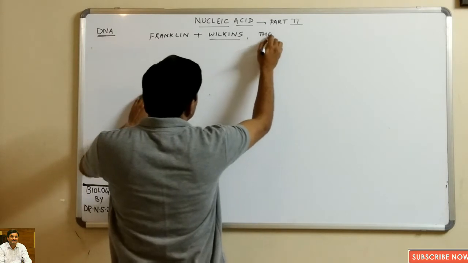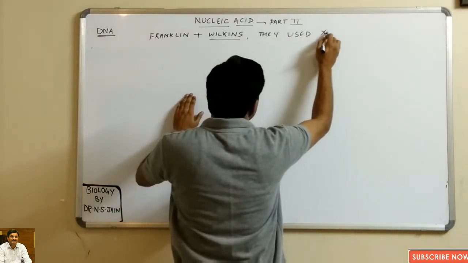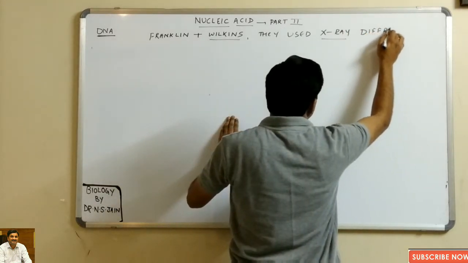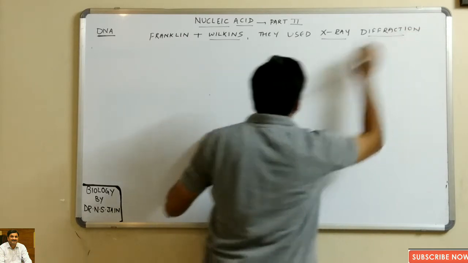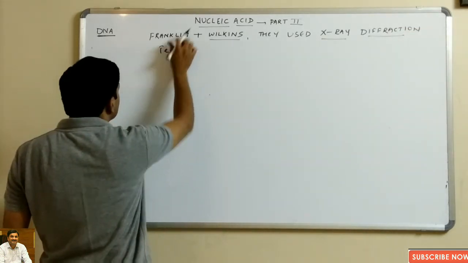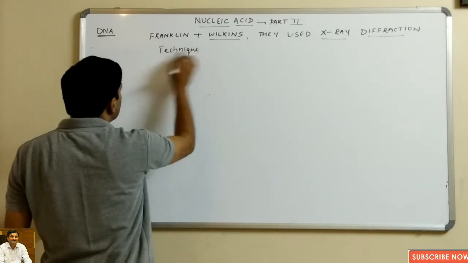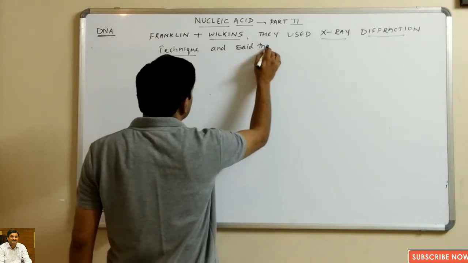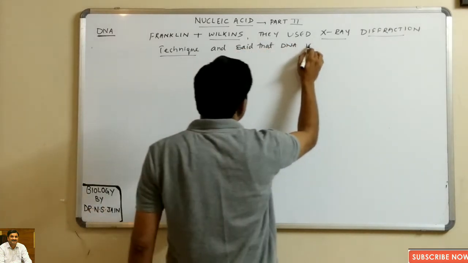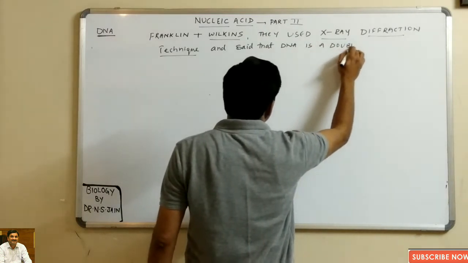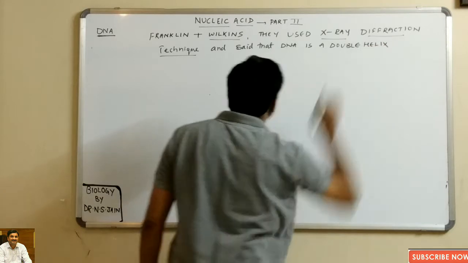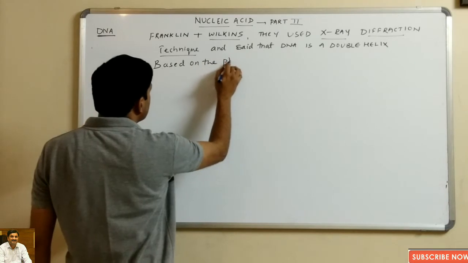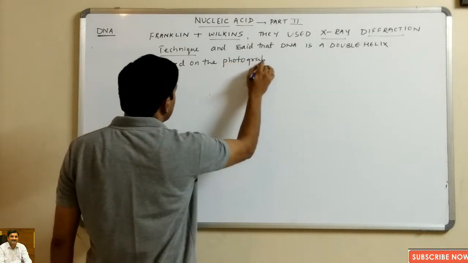They used the X-ray diffraction technique and said that DNA is a double helix, based on the photographs.